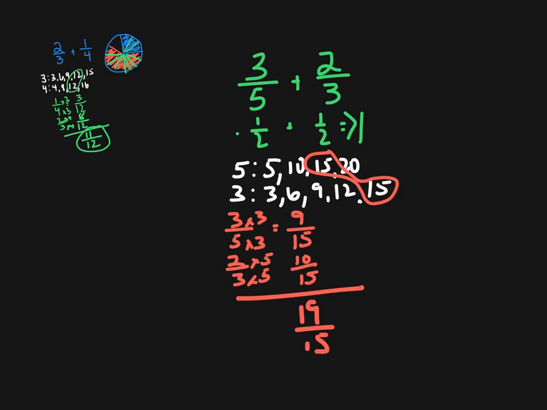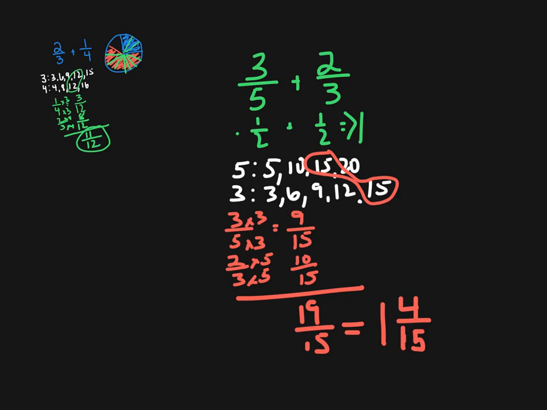Because many of you will notice it's an improper fraction because our top number, our numerator, happens to be bigger than our denominator. So since 15 is our denominator, it tells us how many it takes to make a whole. So with 19/15, we have enough to make one whole. And when we take that whole away, we have 4 left over. So this would be the same as 1 and 4/15.